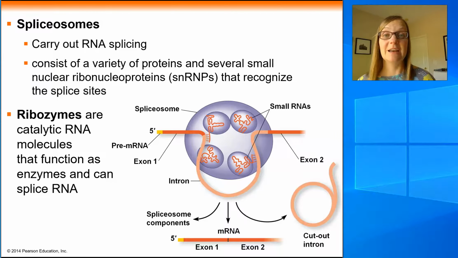We give these catalytic RNAs a very special name. We call them ribozymes because they are catalytic RNAs, whereas typically you think of most enzymes as being proteins. The spliceosome's main function is to take an mRNA primary transcript, figure out where the intron and exon junctures are, cut out the introns, and then stitch together the exons to make sure that you have a solid mRNA that only has the coding regions in there.